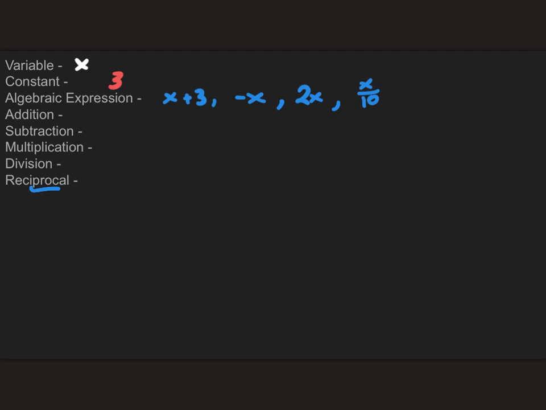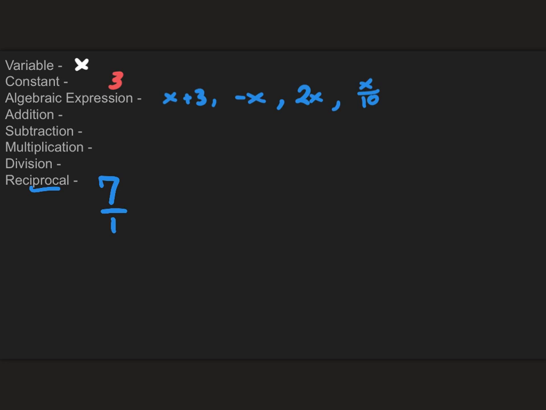Let's talk about reciprocal. I told you before in the previous video, if you take a number, a whole number, or a natural number, or a counting number, you can turn it into a rational number by putting it over 1. Now, here we are with this number. Reciprocal means to flip a fraction upside down. That's what the word reciprocal literally means.